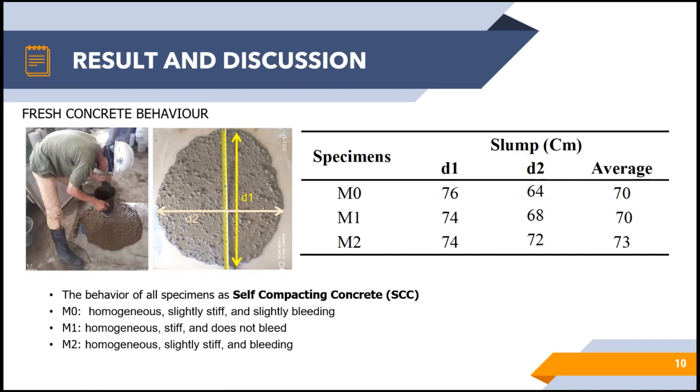So we can conclude that the behavior of all the specimens is self-compacting concrete or SCC. Visual behavior of M0 is homogeneous, slightly stiff, and slightly bleeding. For M1, homogeneous, stiff, and no bleeding. M2 is homogeneous, slightly stiff, and bleeding.